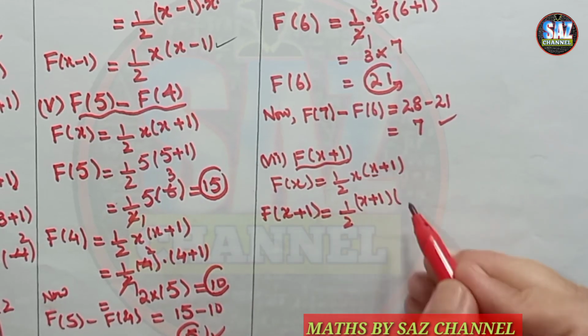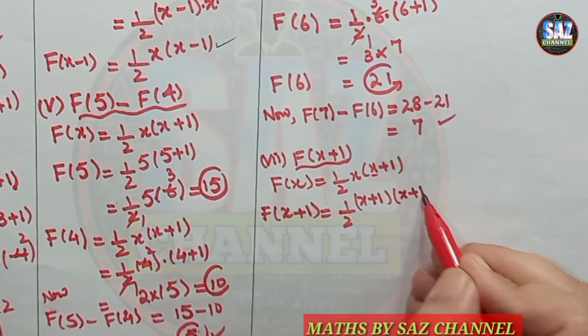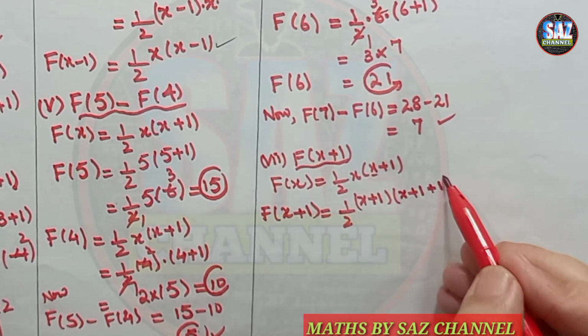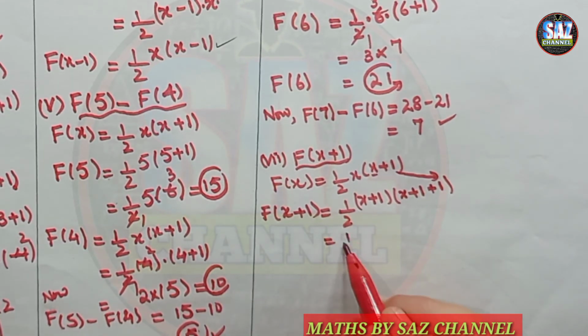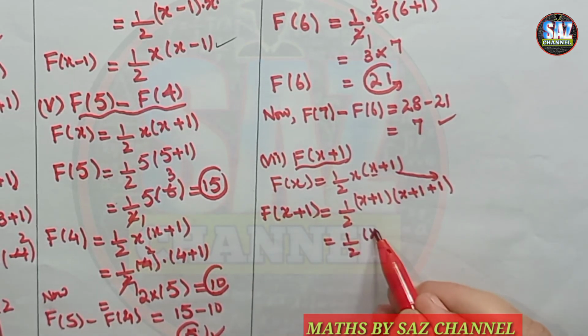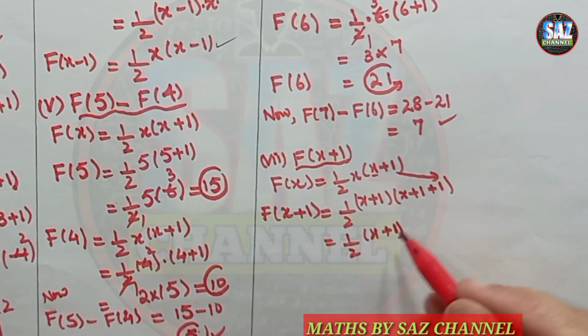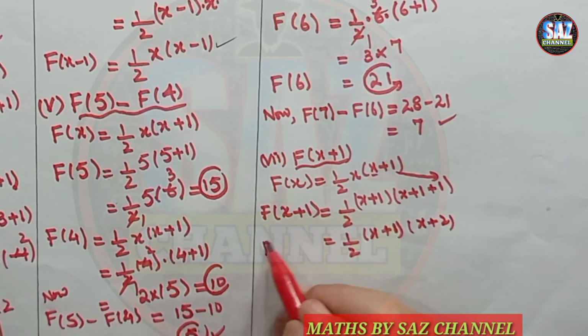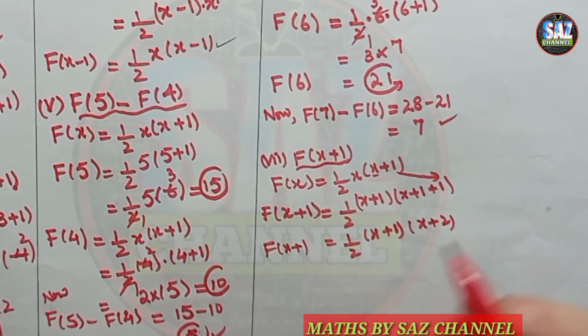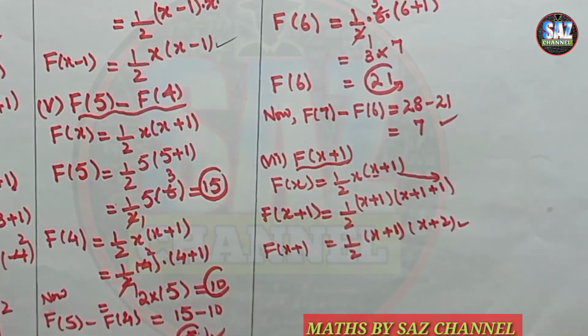And instead of the variable, replace x plus 1, and this one is already here, and the question will take the form half into x plus 1 and x plus 2. f of x plus 1. I hope you are clear about this part.